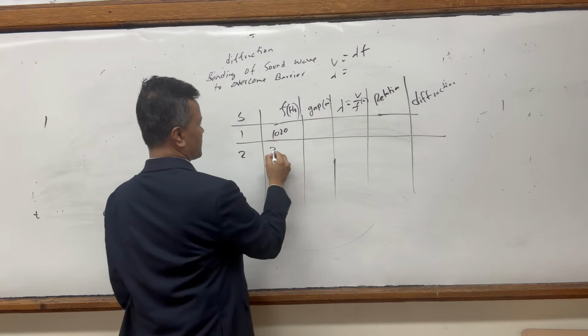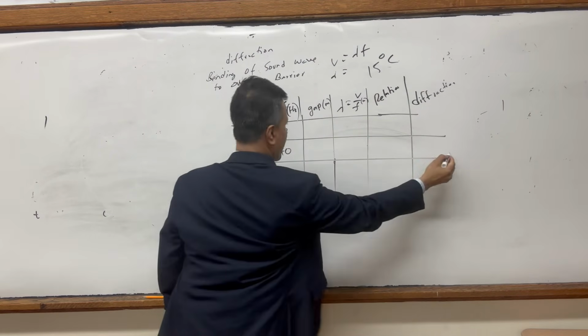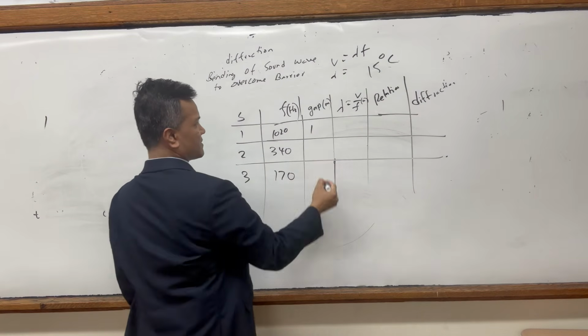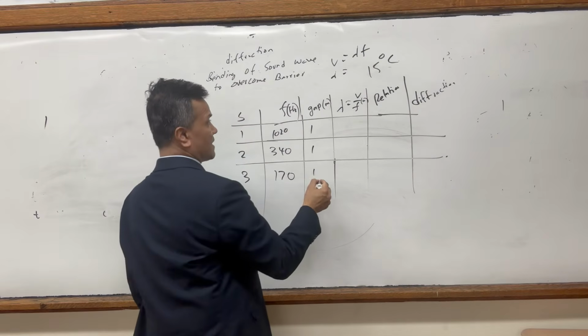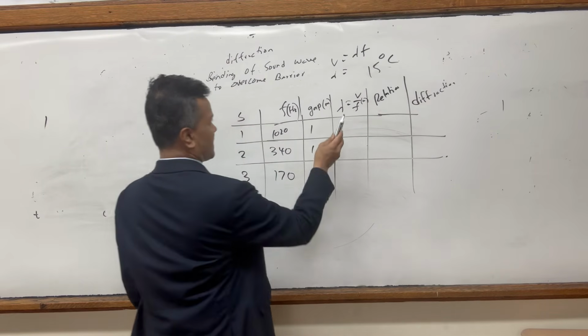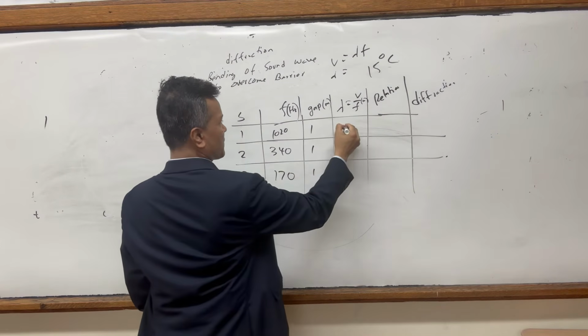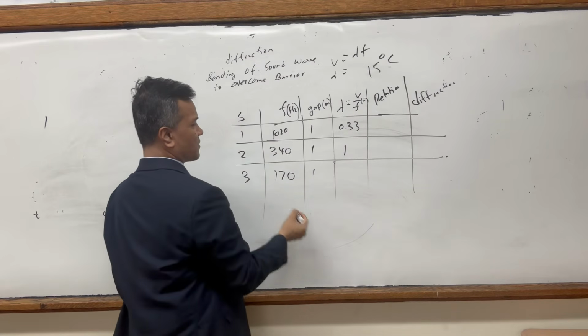Scenario 2, 340, 15 degrees Celsius. Scenario 3, 170. Gap 1 meter. We keep the gap the same. Lambda is velocity, 340. 340 divided by 1020 is 0.33. 340 divided by 340 is 1. 340 divided by 170 is 2.